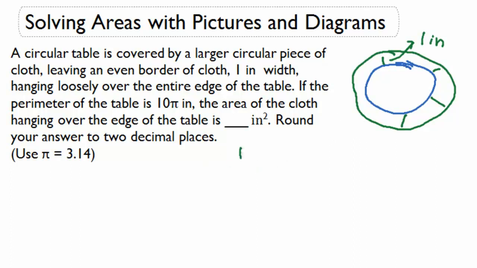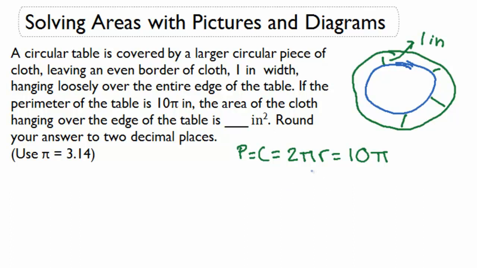Now, the perimeter of a circle is actually its circumference. So, the circumference of the table is equal to 2 pi r. And in this case, we're already told that it's equal to 10 pi. So, we just need to solve for what r is.